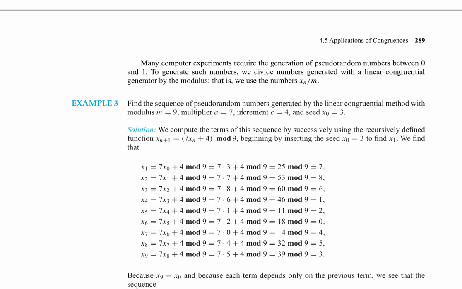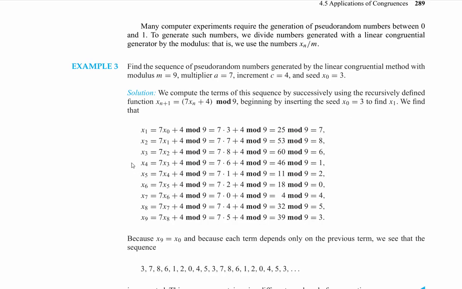Example 3 here. Find the sequence generated with modulus 9, multiplier 7, increment 4, and seed 3. The same deal, just different numbers.